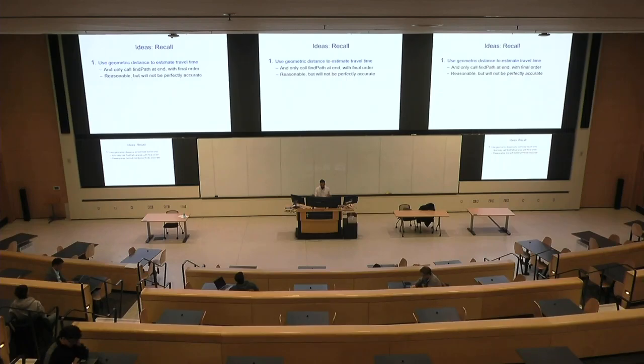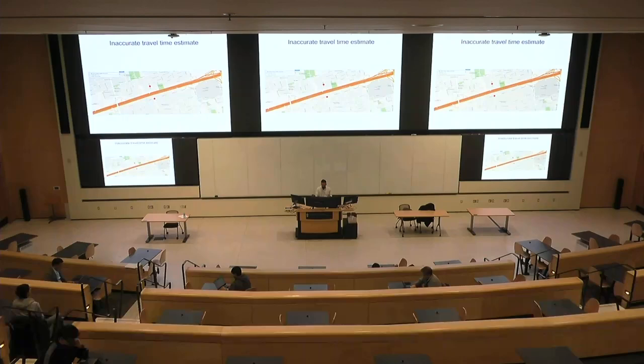The problem with geometric distance is that it's a reasonable heuristic, but it's not as accurate. So you might lose a little bit of quality. We benchmarked this, and it's about 5% in terms of quality if you don't model the travel time between the different intersections in the problem accurately. Okay, so can we do better than this?